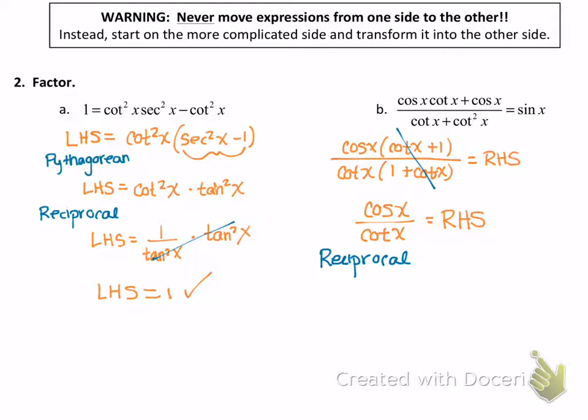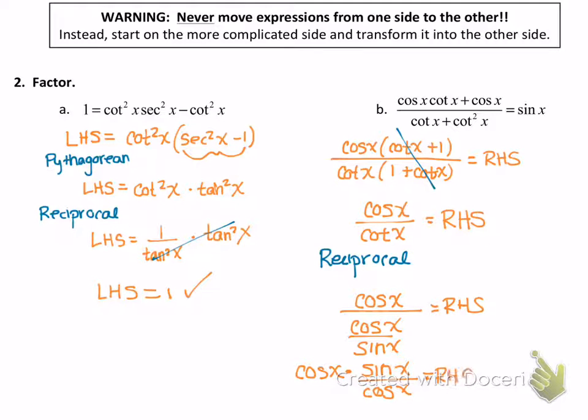I'm going to keep cosine and say that cotangent is cosine divided by sine. And then if we write this as a multiplication problem, we're going to say cosine of x times the reciprocal of the bottom, so sine x divided by cosine x.